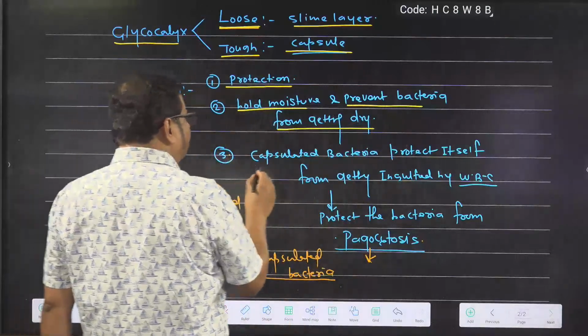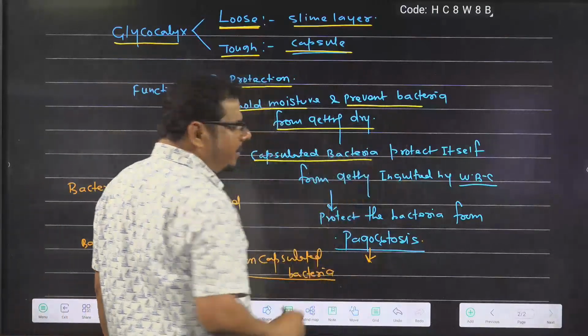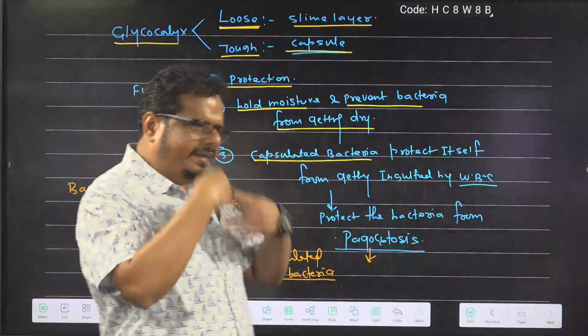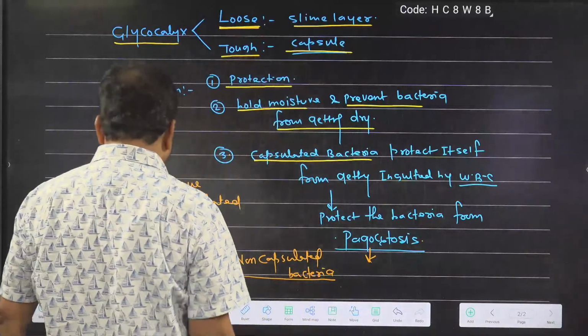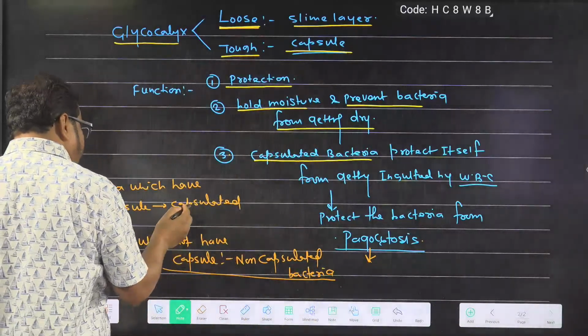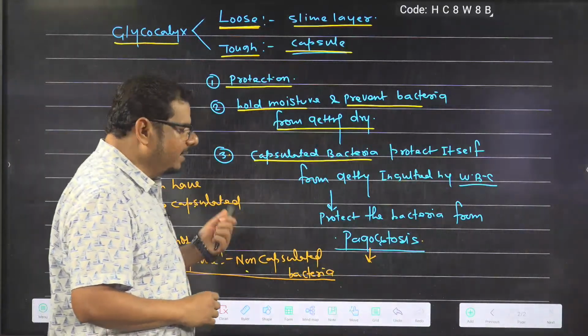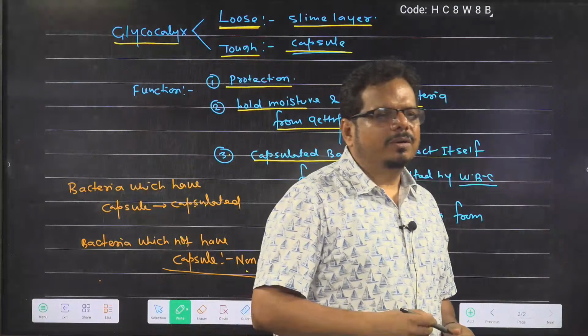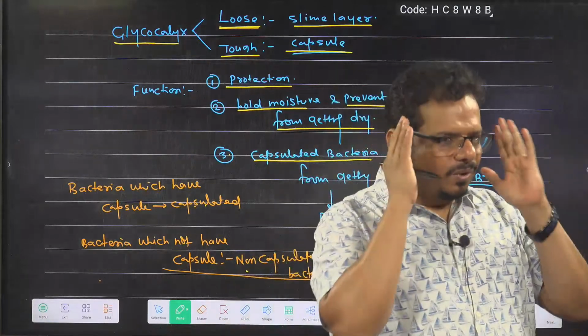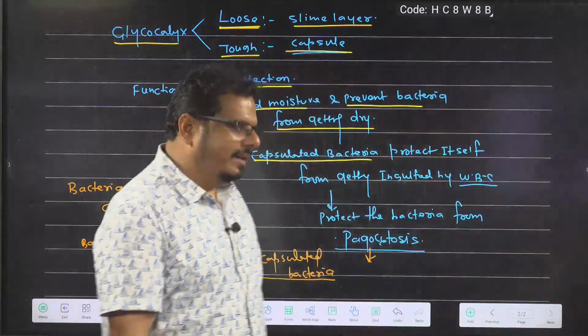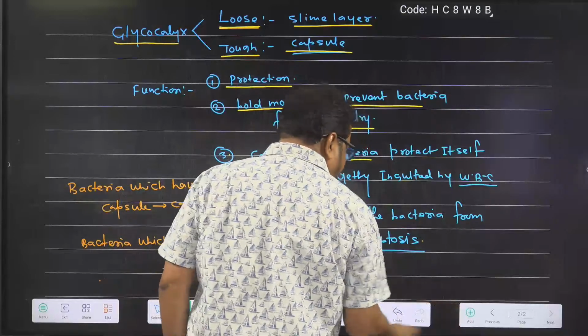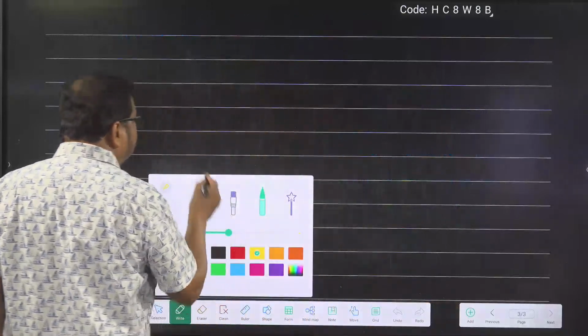Third, for capsulated bacteria, it prevents them from getting engulfed by WBC. Capsulated bacteria have a capsule, non-capsulated bacteria don't. So the outermost layer is over. Now we are going to talk about the second layer of the bacteria, and that is the cell wall.